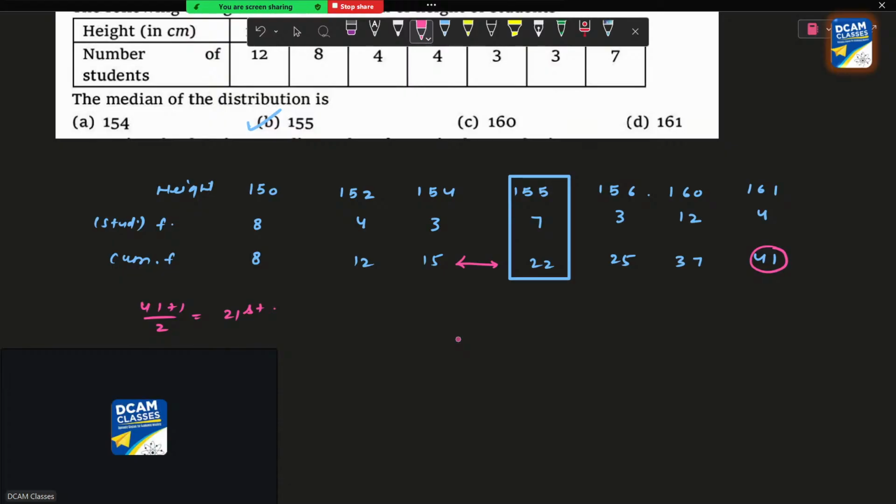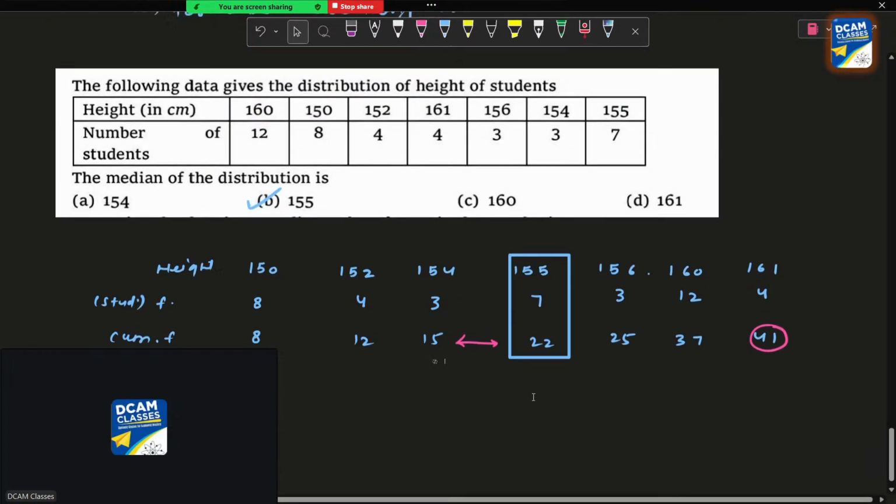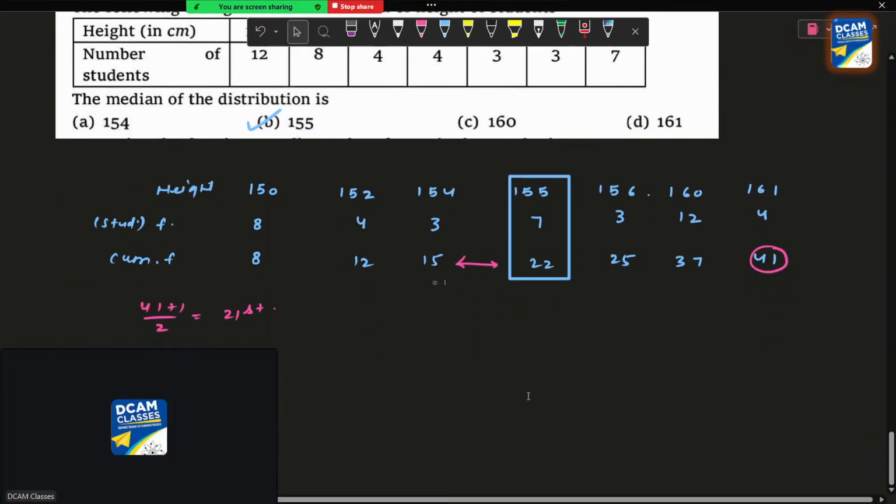So from 15 to 22, the 21st will lie in this range, and all from 15 to 22 will be 155 height. Correct, correct, correct.